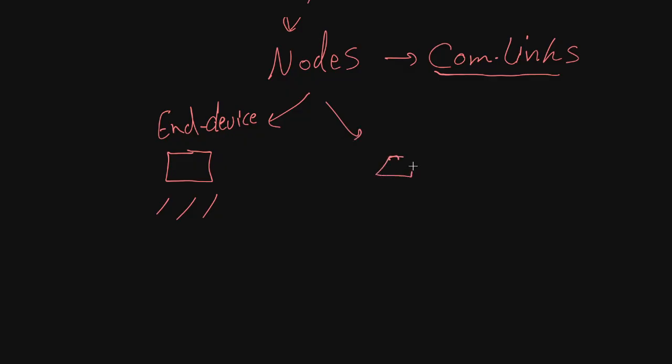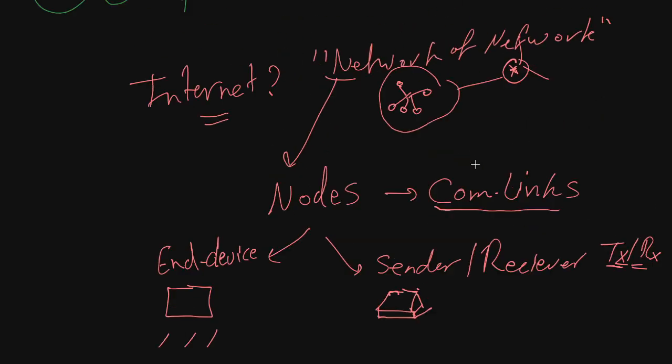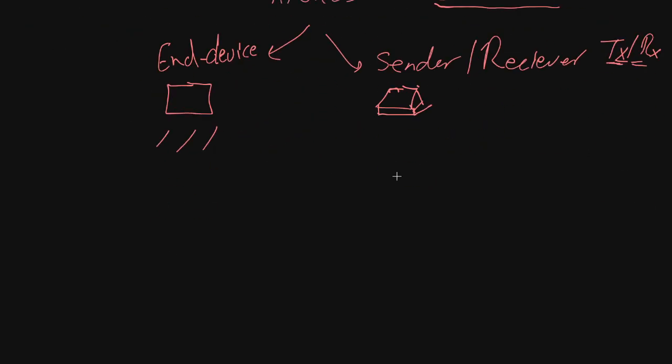It can also be a router, a switch, a hub, and all of these we are going to talk about. So a node can be an end device, or a sender or receiver. The sender and receiver can be abbreviated as TX and RX: transmitter TX, and receiver RX.